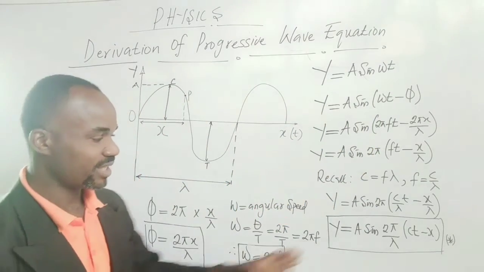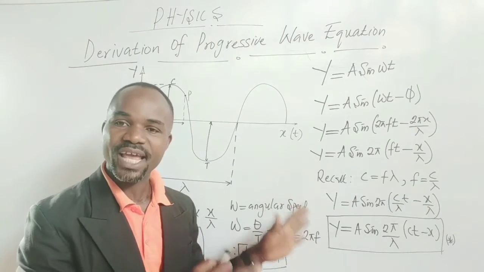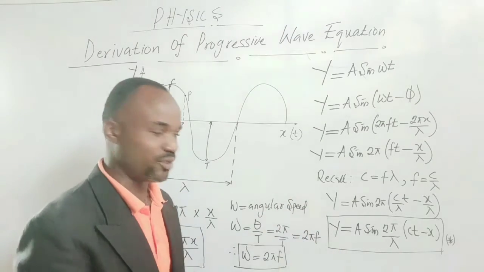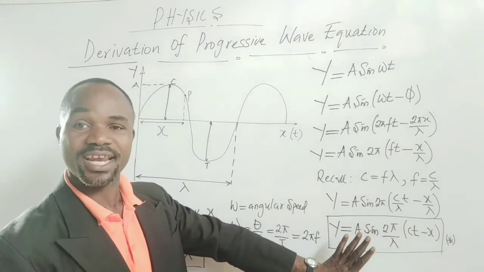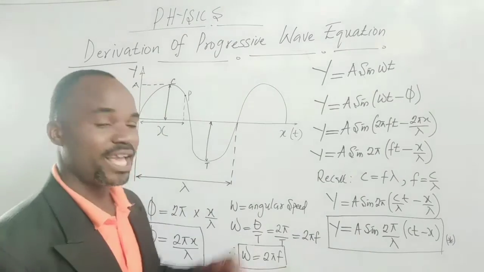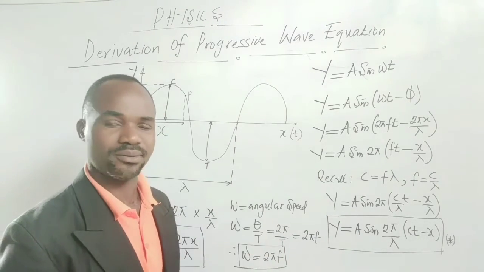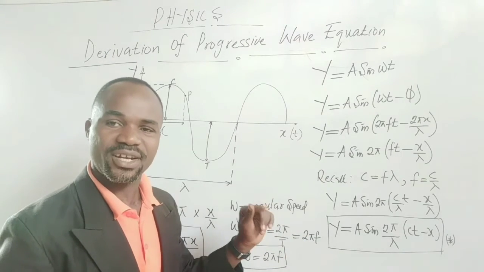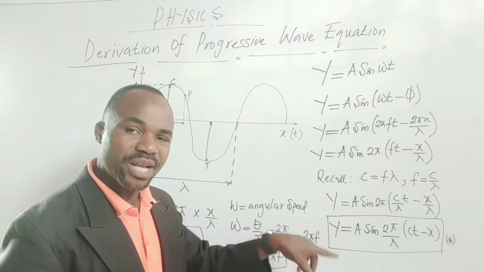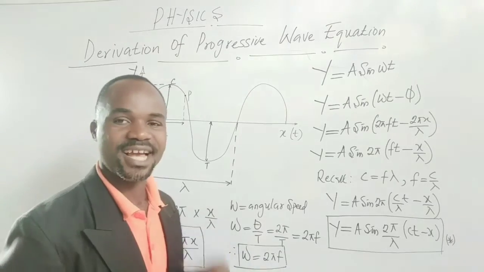That relation represents a plane progressive wave equation. Look at it, very clear. From there, we can still generate more, another type of plane progressive wave equation. Let's see how it works out.